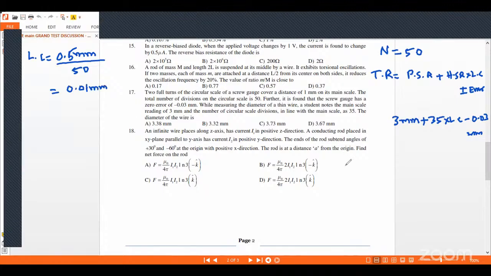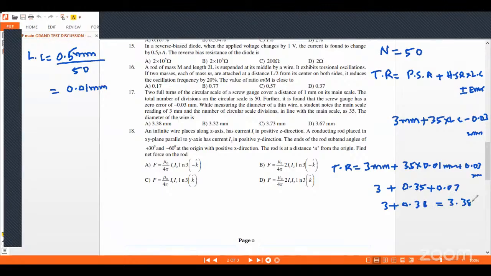So the total reading will be 3 mm plus 35 times 0.01 mm minus 0.03 mm. Since the error is negative, the value is added to be positive. So 3 plus 0.35 plus 0.03, so 3 plus 0.38, that is nothing but 3.38 mm.